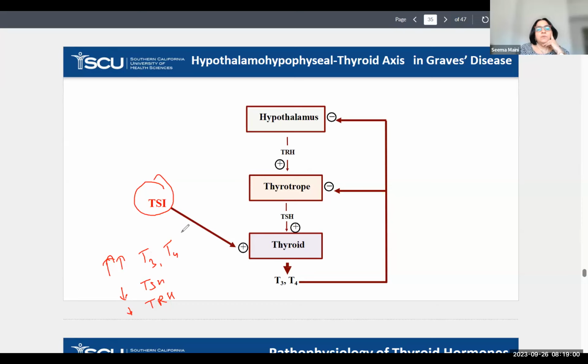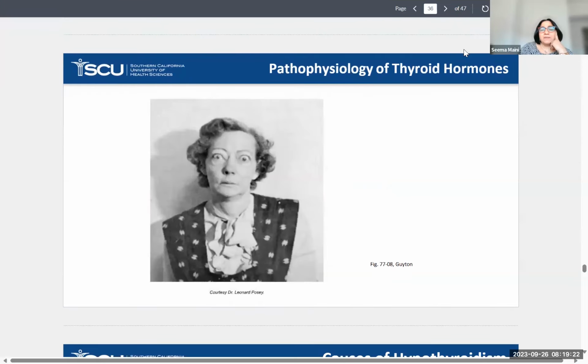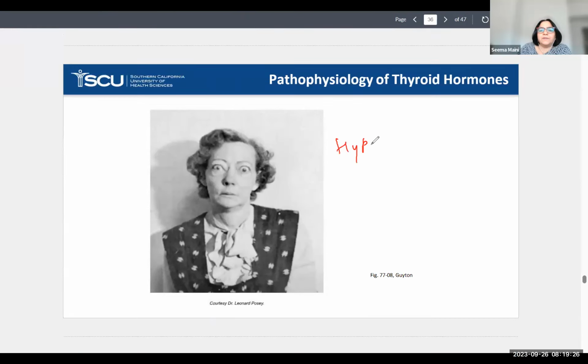Then you will do an antibody profile and you're going to find TSI in the blood, okay? Because just by looking at the lab work, you cannot say it's Graves' disease. It can be primary hyperthyroidism. So you will have to look for an antibody. And typically, this is a female who is hyperthyroid.